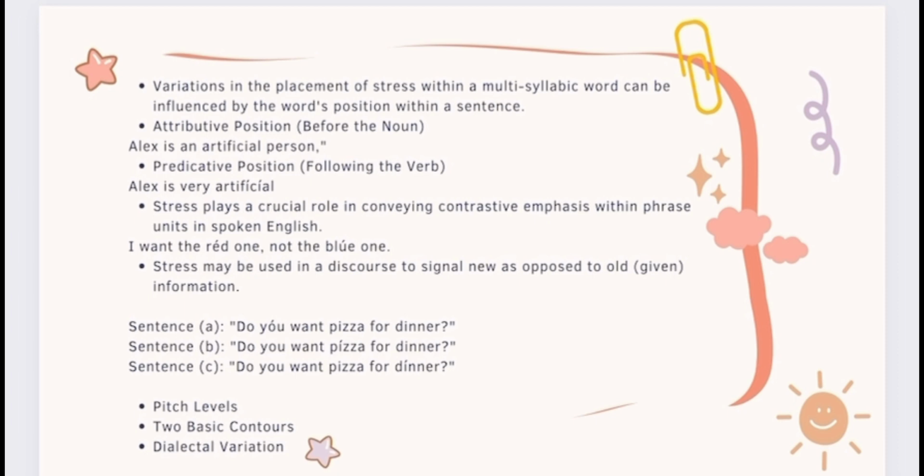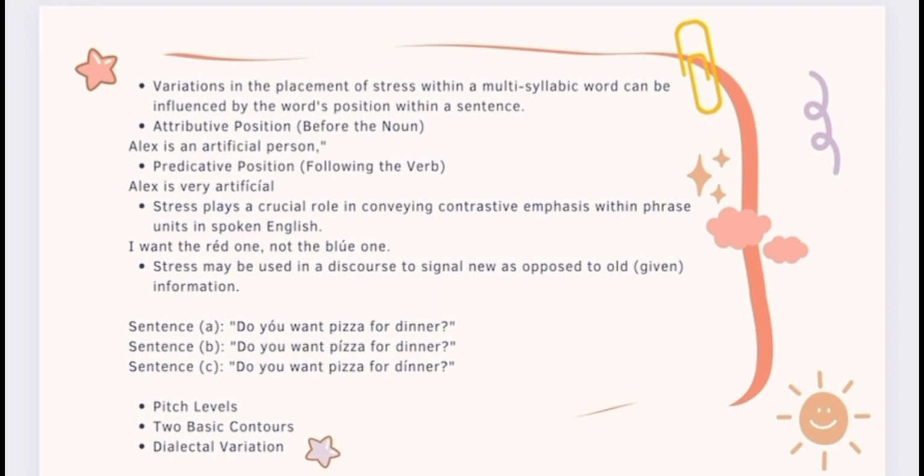Short rising indicates some degree of reservation or serves as a signal of attentiveness. Rising-falling combines rising and falling elements to express finality with added emotion. Falling-rising reflects skepticism or reservation.